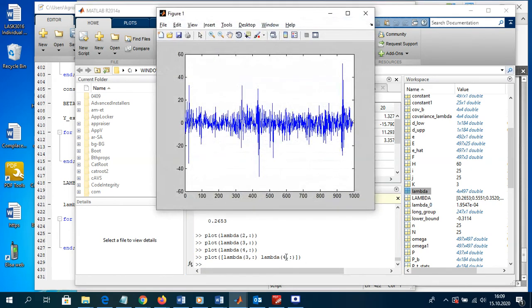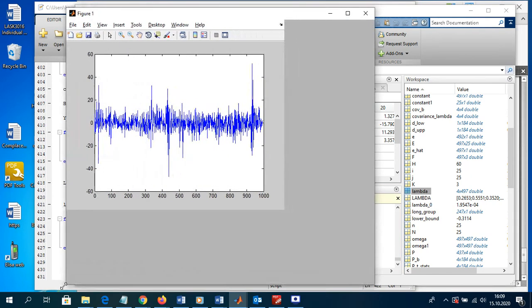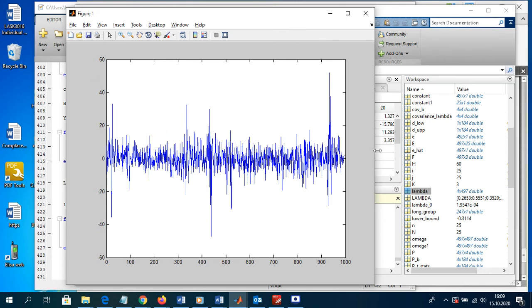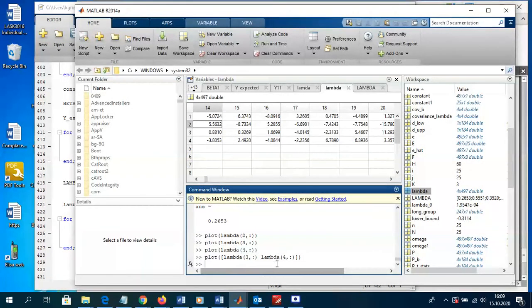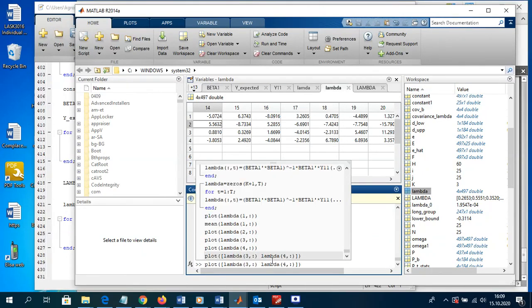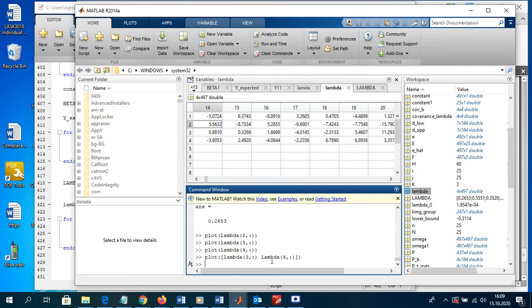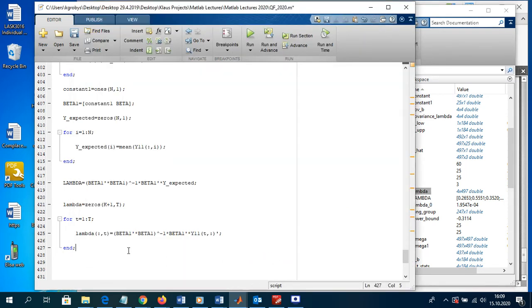We can just push the button here, and it should give you the plot. Are they overlapping so much? Obviously. Well, then it is what it is. So that's basically what comes out.